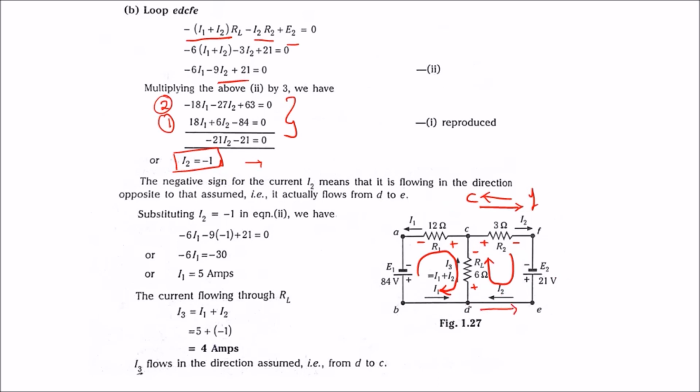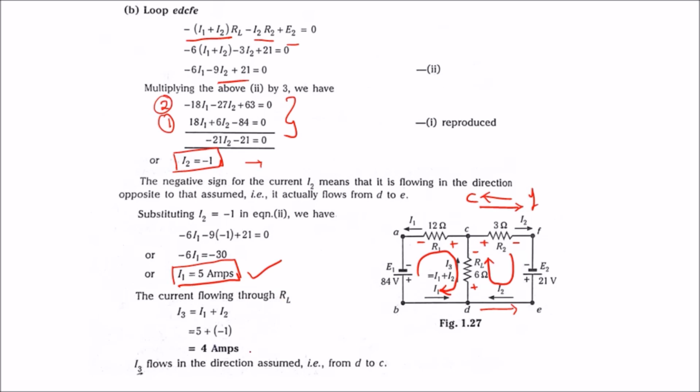Then we will substitute I2 in any one of the equations. So we will take equation number 2, substitute I2 and find I1. So I1 is nothing but 5 amps. Later we can calculate I3, that is the summation of I1 and I2, which is equal to 4 amps.